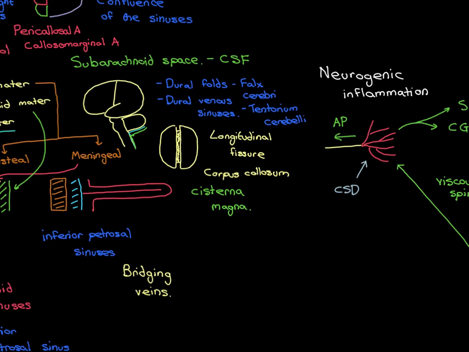And what are those peripheral sites? They are the forehead region, they are the periorbital region around the eye, and they're the top of the scalp, the front portion of the scalp. And indeed, that is often where migraine pain is felt, because that covers such a large portion of cerebral cortex.